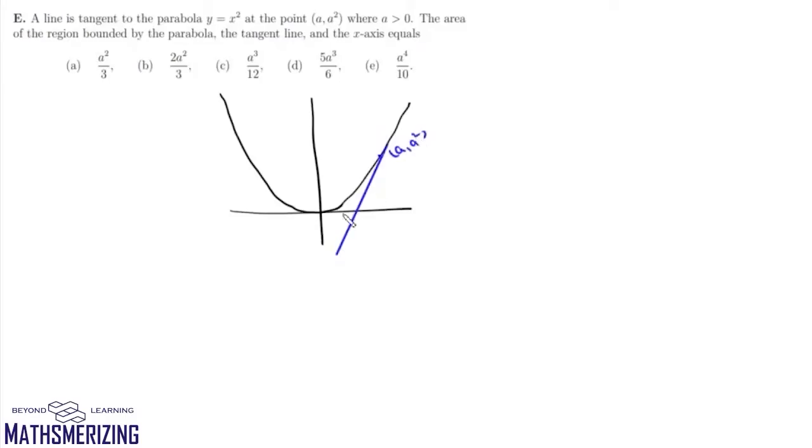Question number E is: a line is tangent to the parabola y equals x square. So we'll draw this parabola. Now we are given a point (a, a square), and we have drawn a tangent at this point. Now we need to find the area of this region.